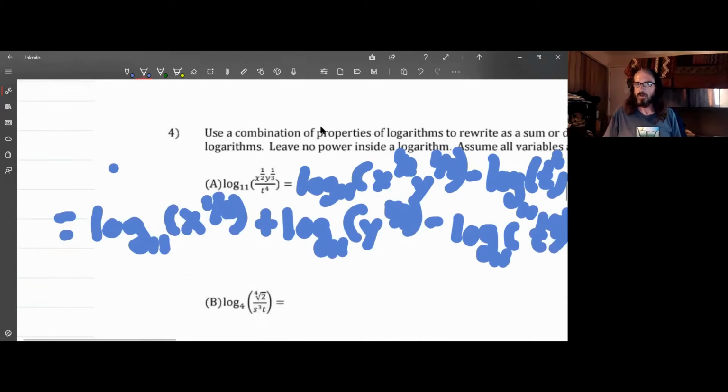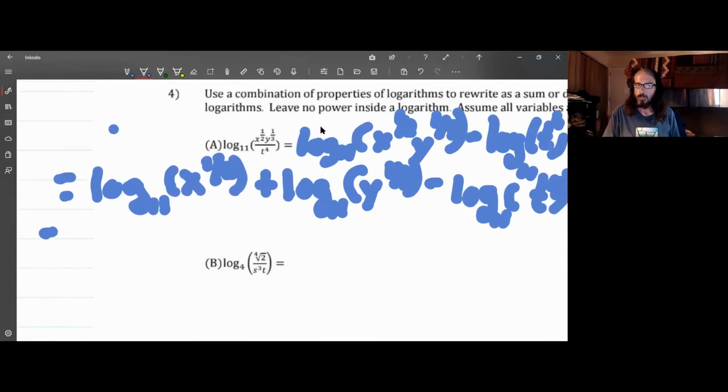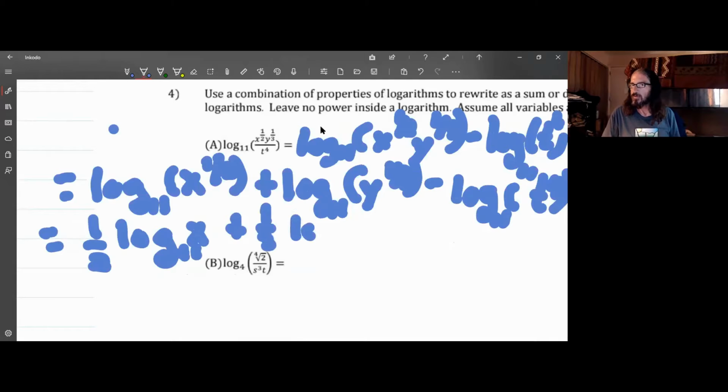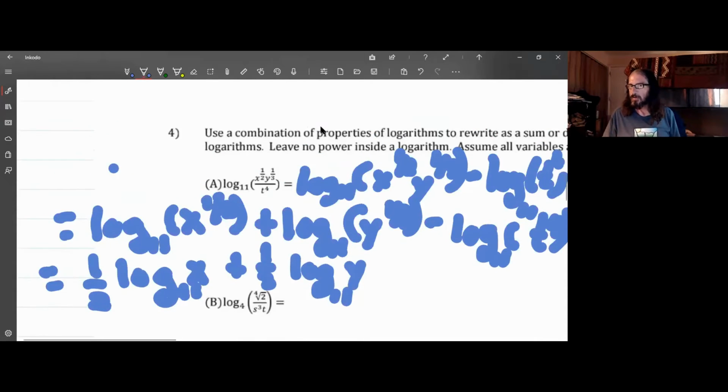Now apply that power rule. 1/2 out in front of the log of x in base 11 plus 1/3 out in front of the log of y in base 11 and minus 4 out in front of the log of t in base 11.